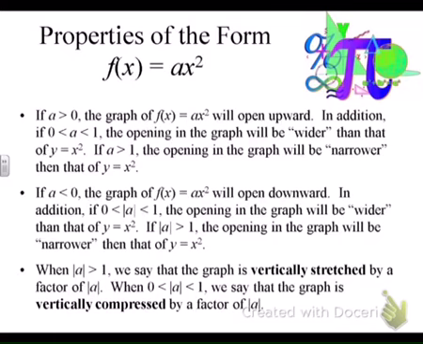So vertically stretched, it gets skinnier. But when something's compressed, if you think about smashing a pop can, when you compress it down, it gets wider. So that's what happens with the graphs. When you compress them, they get wider, but when they're stretched, they get more narrow.